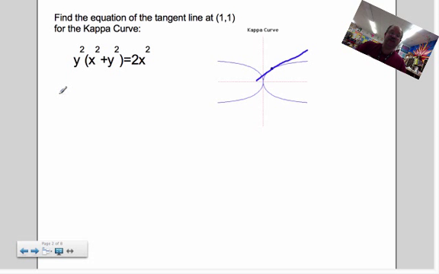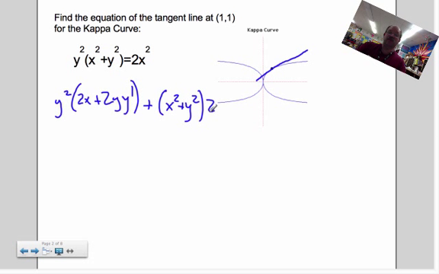Okay. So let's take the derivative. First, because it's a product, the first times the derivative of the second, so the derivative of x squared plus y squared is 2x plus 2y y primed. So the first times the derivative of the second, plus the second, which is this x squared plus y squared, times the derivative of the first, which is this 2y y primed.